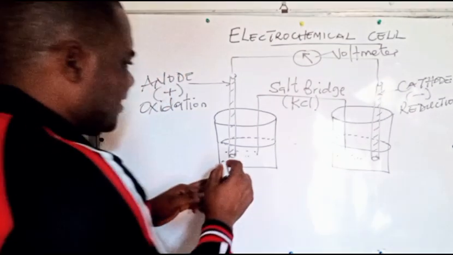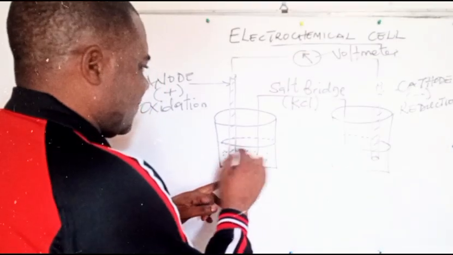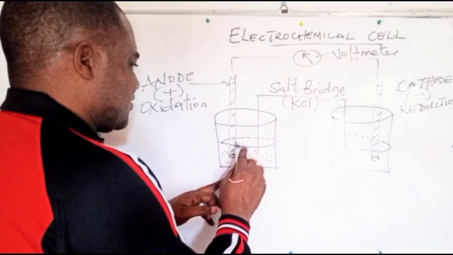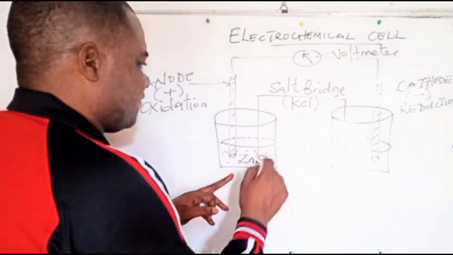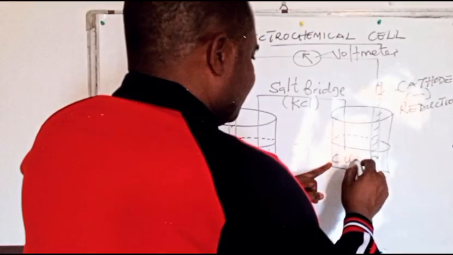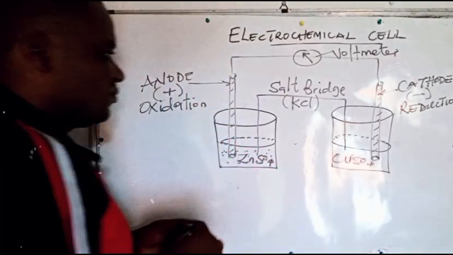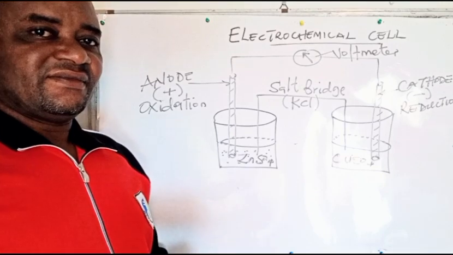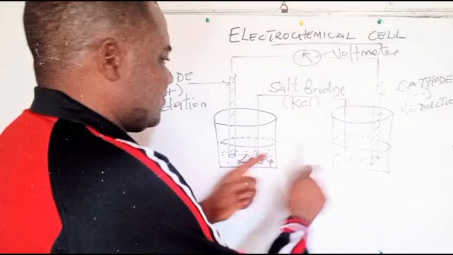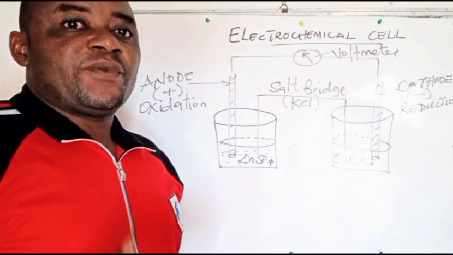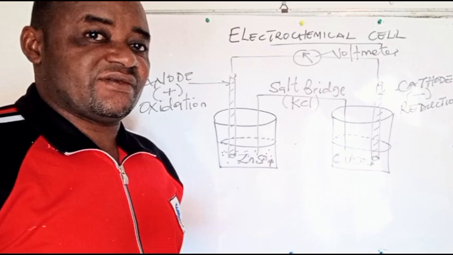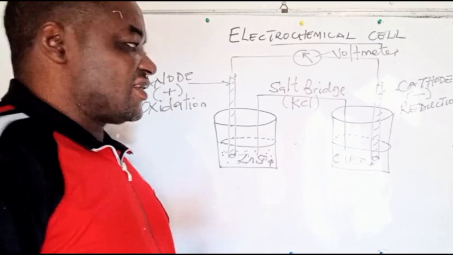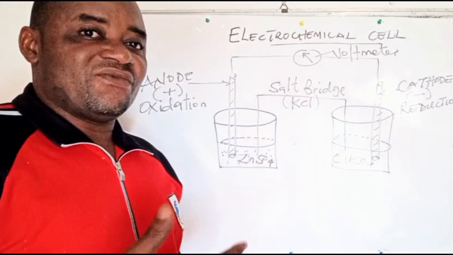Now, the solution that you have here, let's say for example what we have here is zinc sulfate. Let's say we have zinc sulfate here, we also have copper sulfate here. These are the solutions. From what we described earlier, if this particular solutions we have here happens to be what will undergo chemical reactions in order to generate current or electricity, then we are saying that there is a chemical energy being converted to electrical energy.